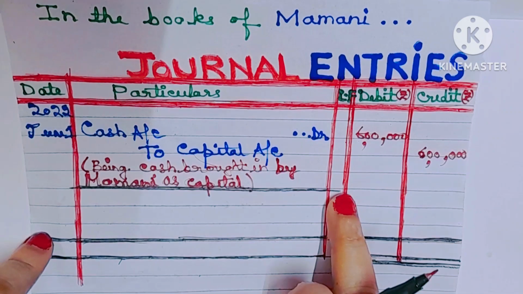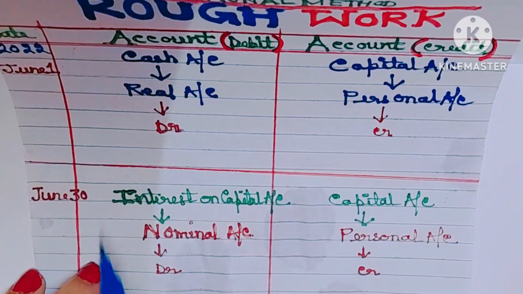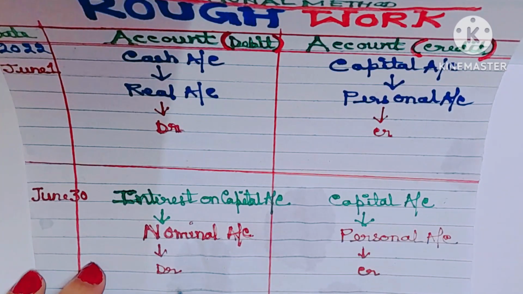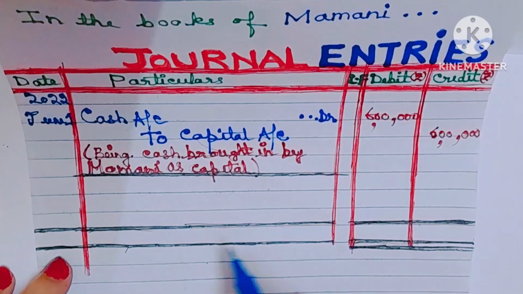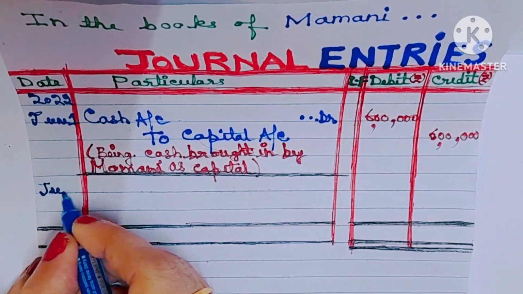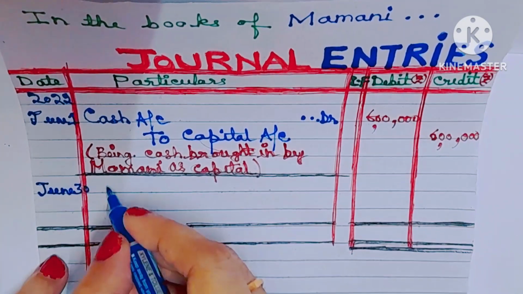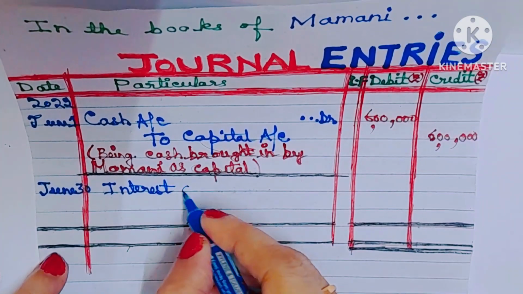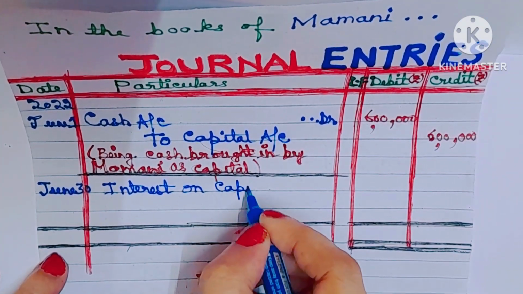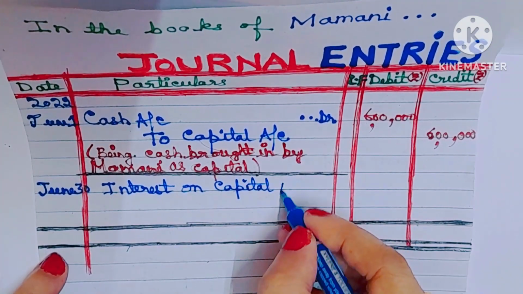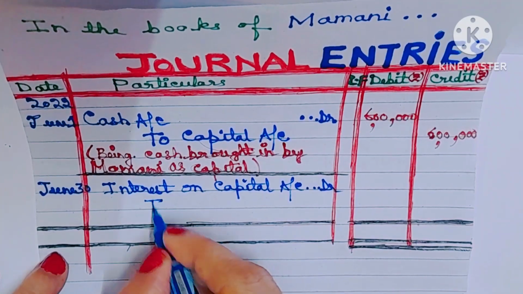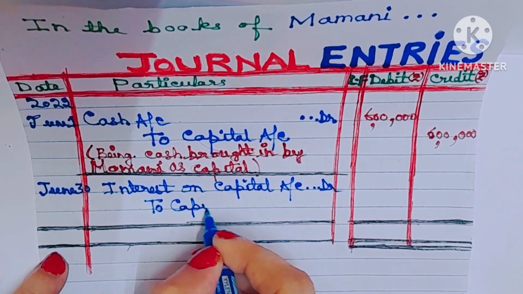Understood? Now let's go through the second transaction. Now see the second transaction. 30th June. Interest on capital account debit, capital account credit. Okay? Let's write it in fair. 30th June, interest on capital account debit to, leave a little space and write to capital account credit.